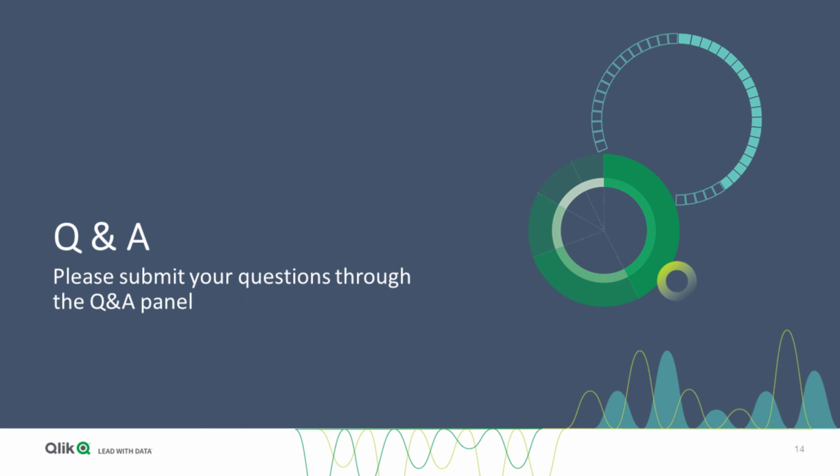Qlik support will test it on our machine to see if we reproduce the same problem. If yes, we will log a case to R&D, and then R&D will look further and get a fix for the problem.